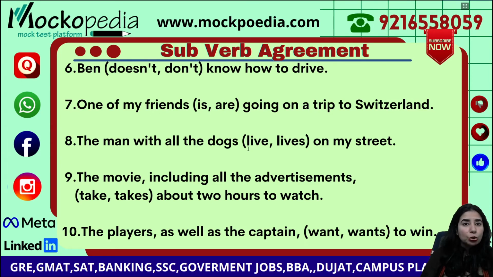The author can do away with this information. So we usually do not consider any information surrounded by commas on both the sides to decide our choice of verb. Including all the advertisements, since it is surrounded by commas, is not going to make any difference in our statement. So the movie takes about 2 hours to watch because movie is singular and hence our choice of verb is going to be singular in nature.